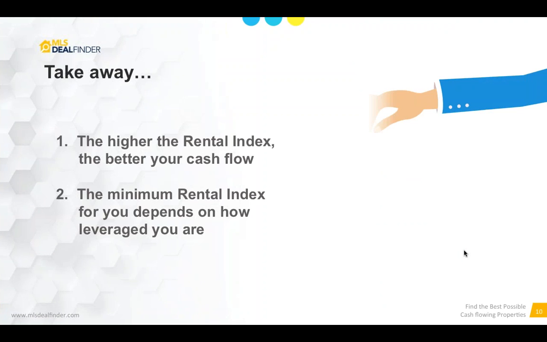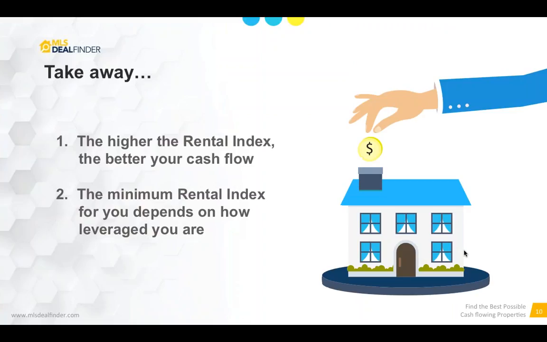So in conclusion, two things: the higher the rental index for the property, the better cash flow you're going to get. And the second part is the minimum rental index depends on how leveraged you are, how much loan you're taking out. Again, another example, if you're taking out an 85% loan and putting 15% down, your minimal rental index is going to be 0.85.